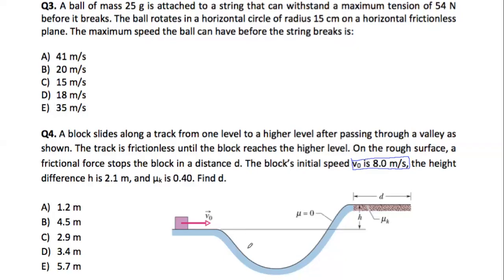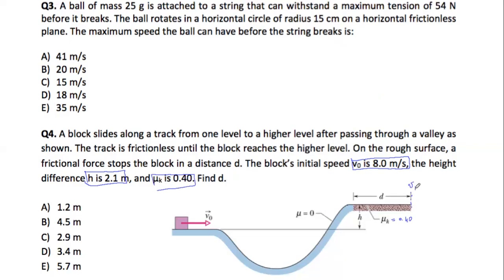It goes along this track, which is frictionless, and then it climbs this height h, which is 2.1 meters. After it reaches this height h, it goes along a horizontal, and here I have friction, and I give you mu k, which is 0.4. The question I'm asking you is, what's the distance before I stop?